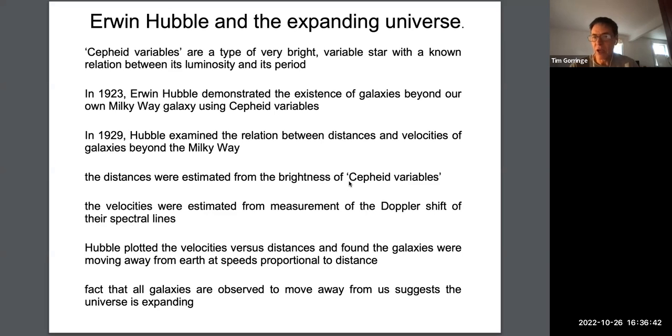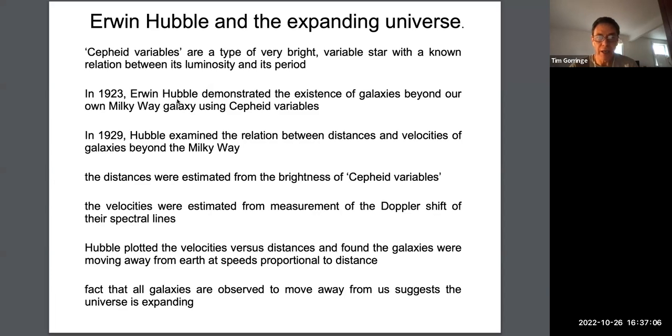These types of stars could be used as standard candles, in that knowing how bright you observe them to be, you can determine the distance of those stars from Earth. And so Hubble used that for a couple of important discoveries.